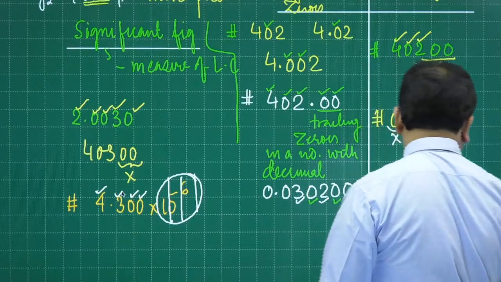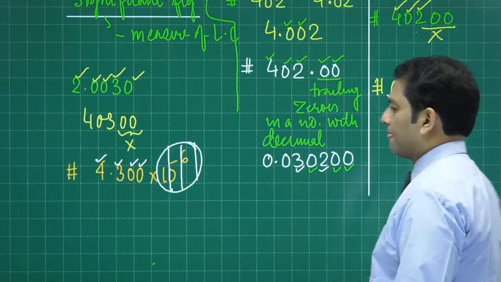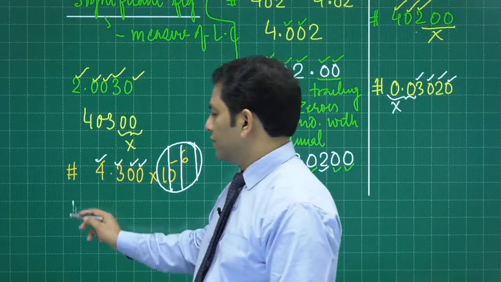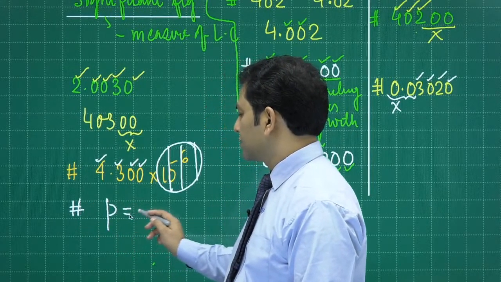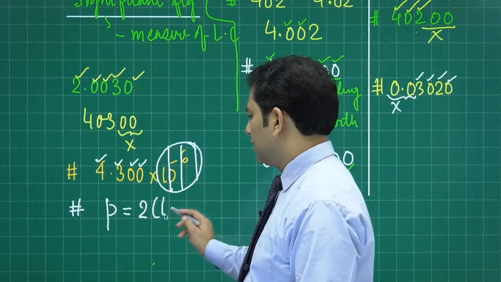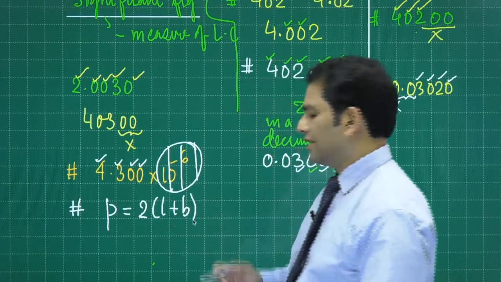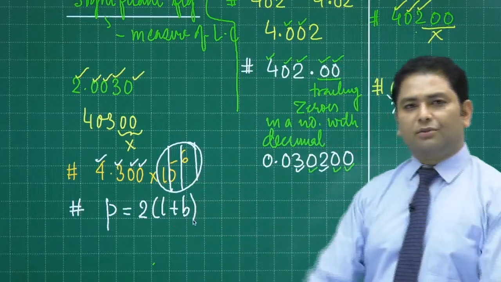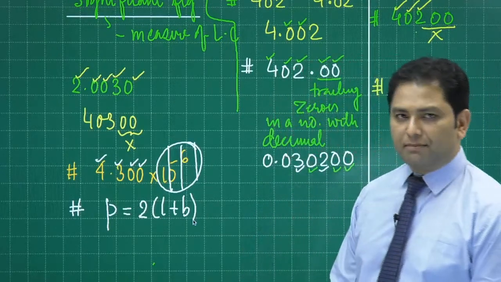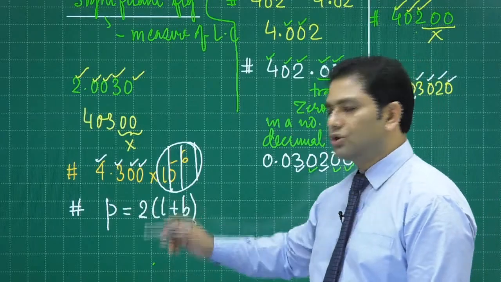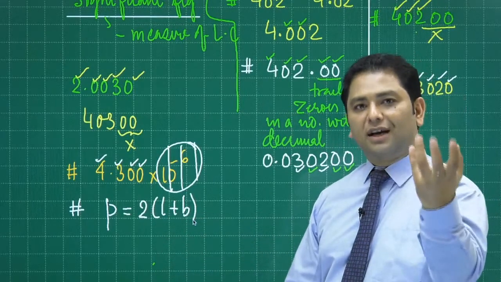And finally, one small rule is there. Certain numbers which come in a formula, like the perimeter of a rectangle, twice into L plus B. This 2 comes out from the formula.